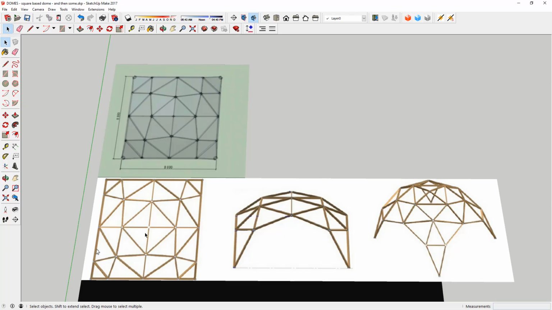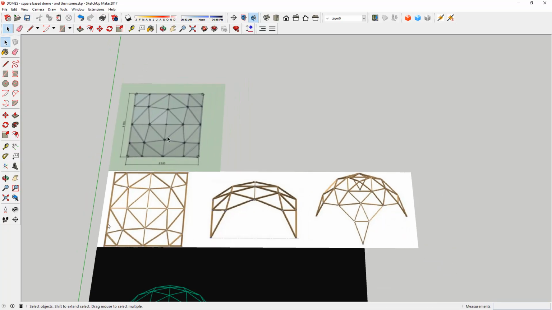And of course the top square is much different in proportion, so it's telling me something. And I determined what it was. I can't recall off the top of my head right now, but that was the result. All of this is saying that there are many ways to go about finding your dome.